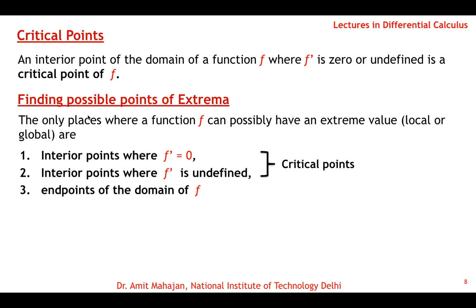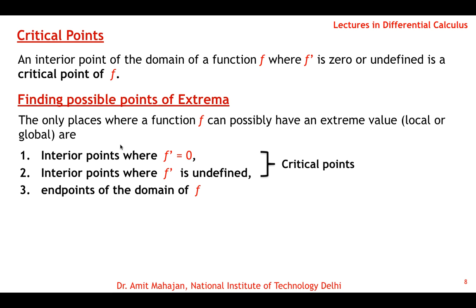Okay, so the only places where a function f can possibly have an extreme value, local or global, are the interior points where the derivative is 0 or interior points where the derivative is undefined. So these two combined we call critical points, and also the local maxima or minima can occur at the endpoints of the domain, so we also need to consider the endpoints of the domain of the function.